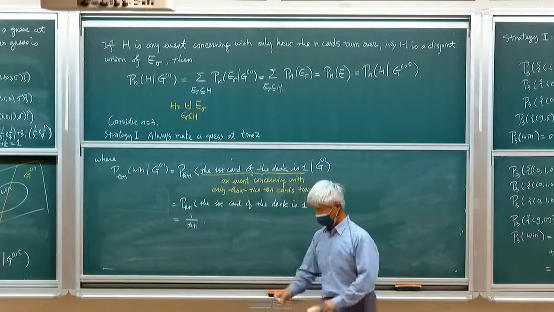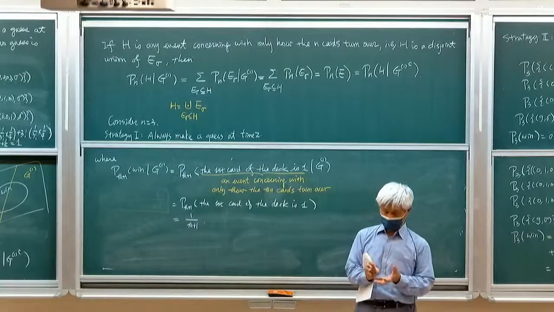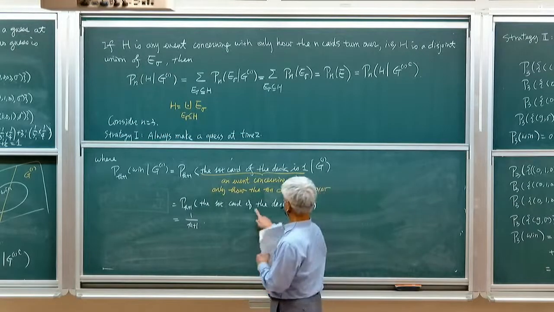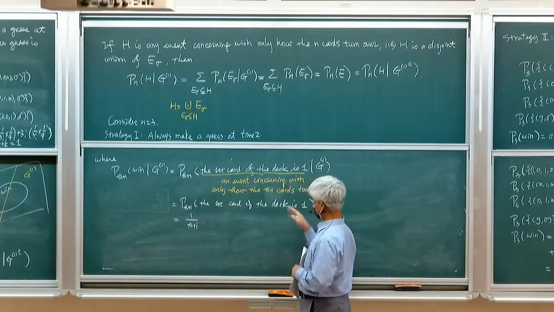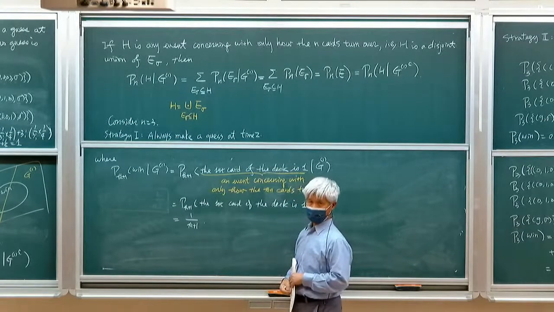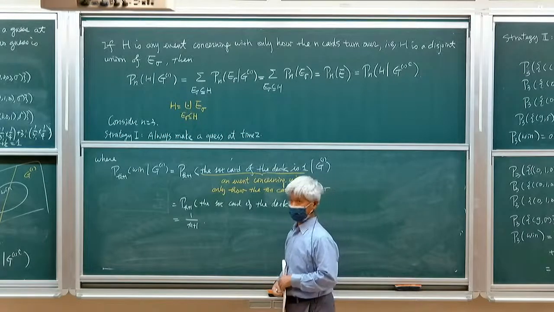Okay, because we have k plus 1 cards, and the probability in the permutation that the first card of the deck is card 1 will be 1 over k plus 1. Okay.